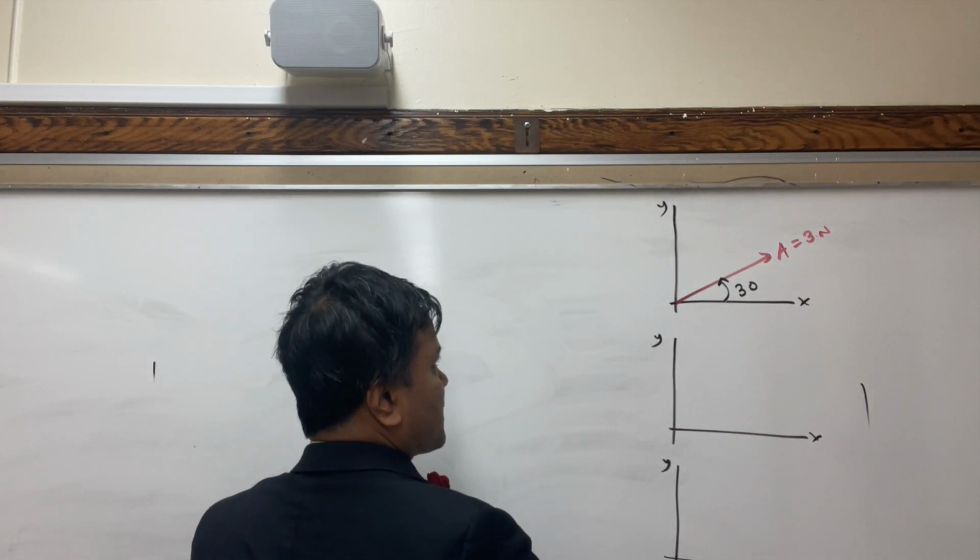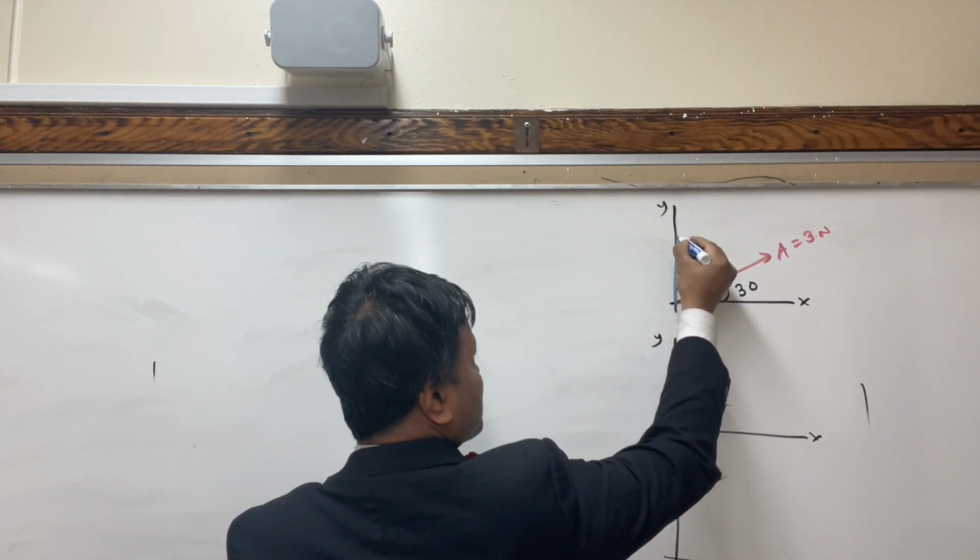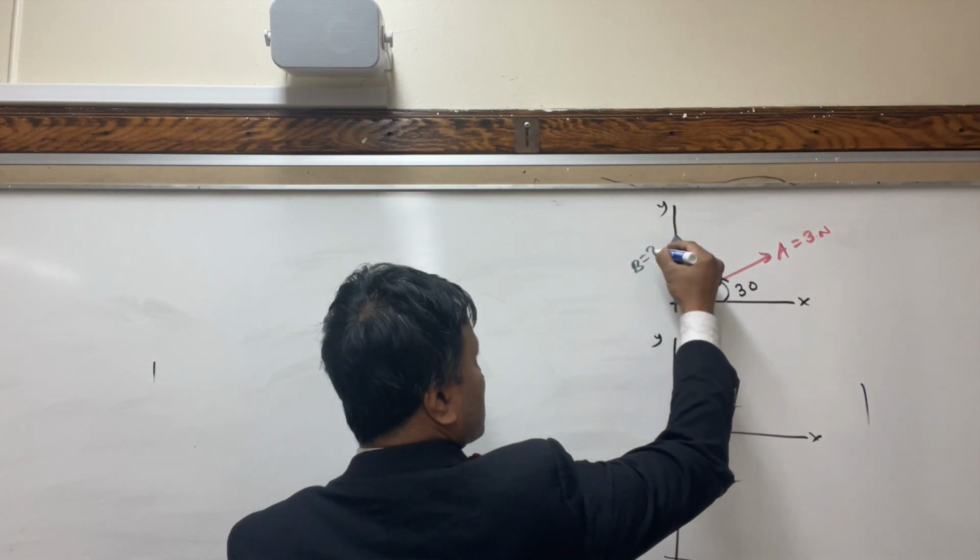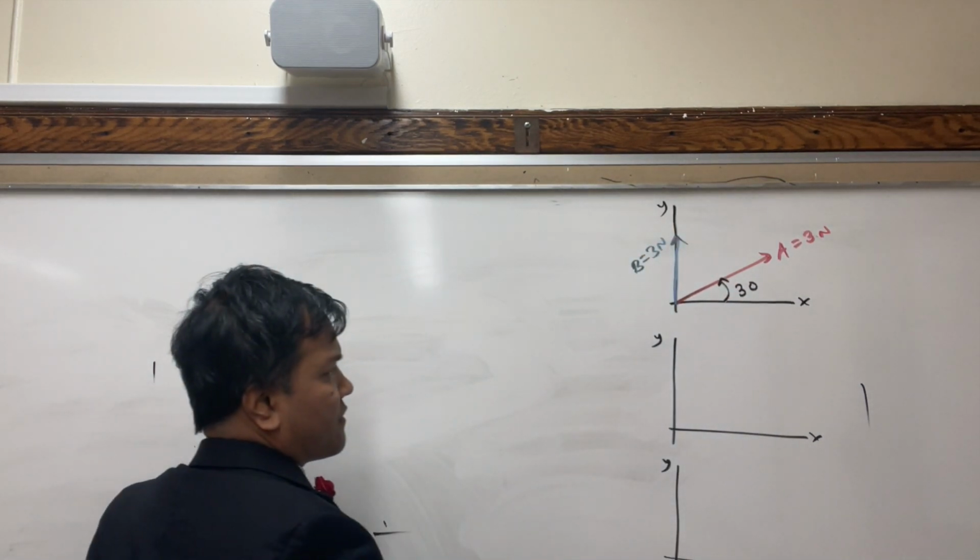And the vector B is also 3 Newton but 90 degrees above the x-axis.